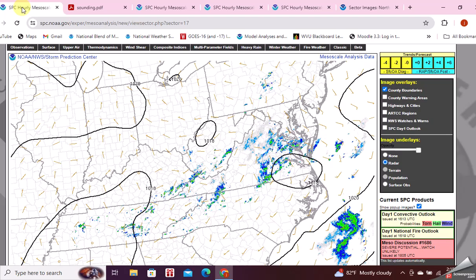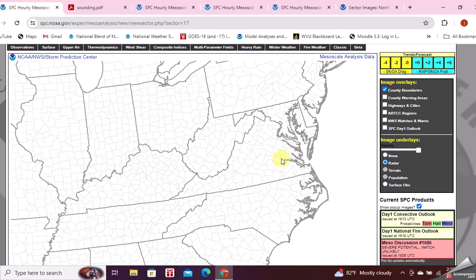And again, my computers are not the fastest, but all right, so what we have here, we have a line of showers all across southeastern Virginia. Weak low pressure. There's a kind of a cold, warm front, stationary front across the southern part. You can see how the southerly winds are there. They kind of turn to northeast, almost east there, then northwest here. So there's kind of like a little circulation there.